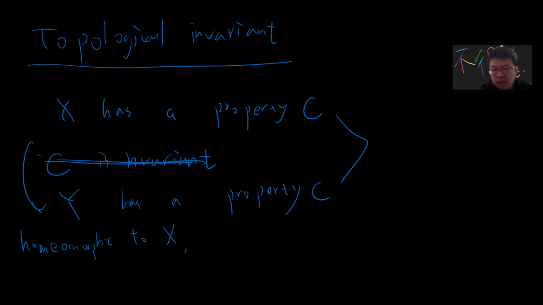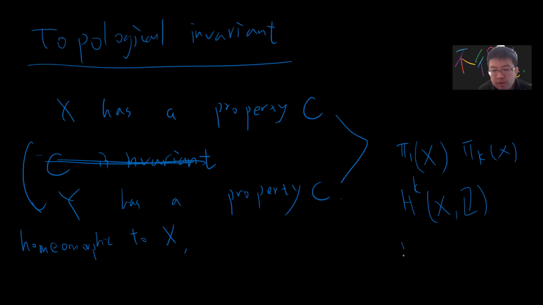And there are a lot of them. Some of them come from topological quantum field theory, and some are very algebraic topology, like the fundamental group, the homotopy groups, and cohomology, the singular cohomology.